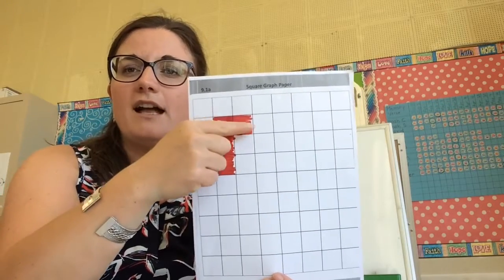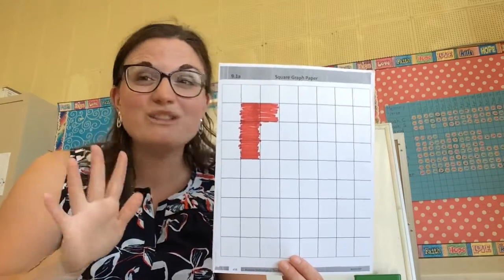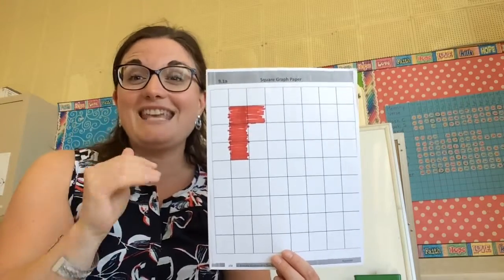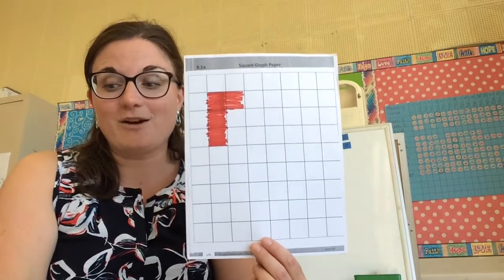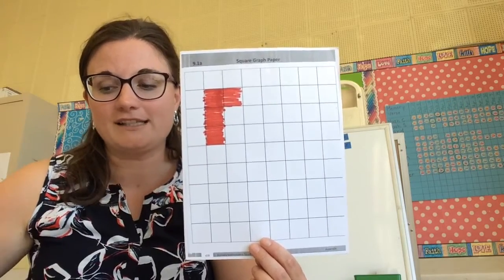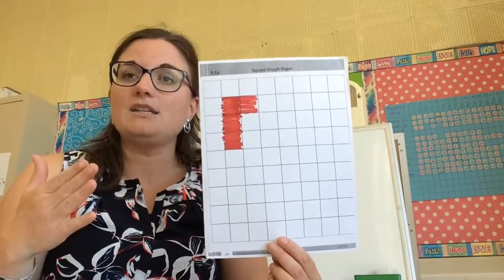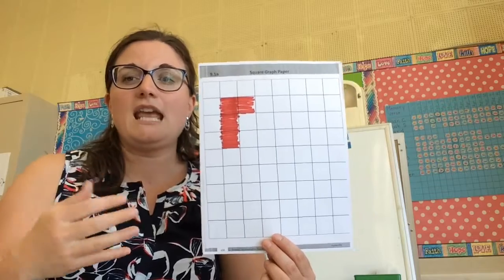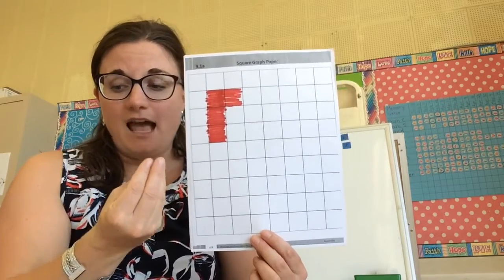So a whole side is connected to another one. Yours could look totally different. There are so many things that you could do when you color in 4 squares. They can form all different types of shapes. But we're going to talk about how much space our shape covers up, okay?